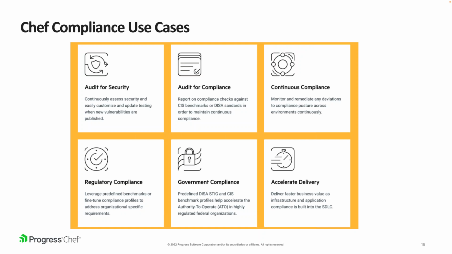And this also extends to regulatory compliance, that is, regulations within healthcare, regulations within privacy, regulations among different industries. Chef allows us to accommodate these regulatory compliances within the myriad cookbooks and compliance content that we have. And it also includes government compliance, that is, any governmental regulations or organization-specific regulations are also covered within the scope of Chef's scanning and remediation.